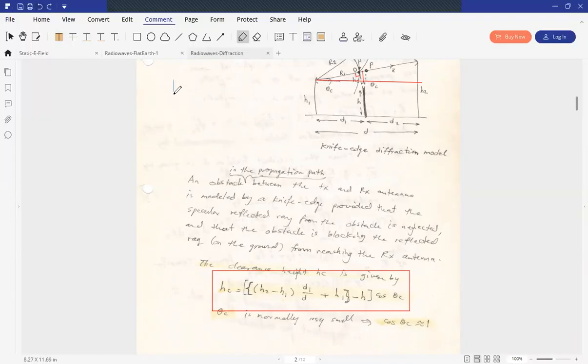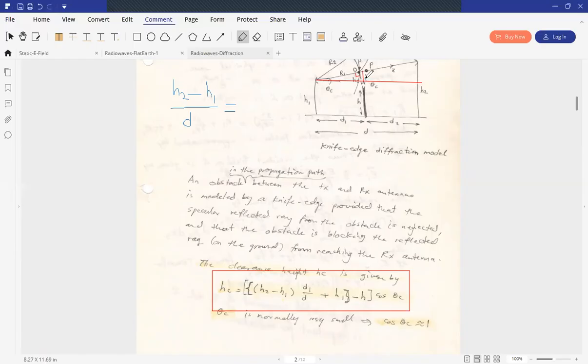We said H2 minus H1. This is H2 and this is H1. This triangle is similar to this triangle, yes? So H2 minus H1 over the total distance D equals this unknown distance.